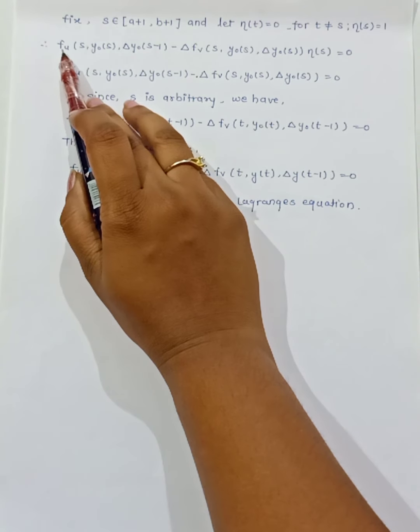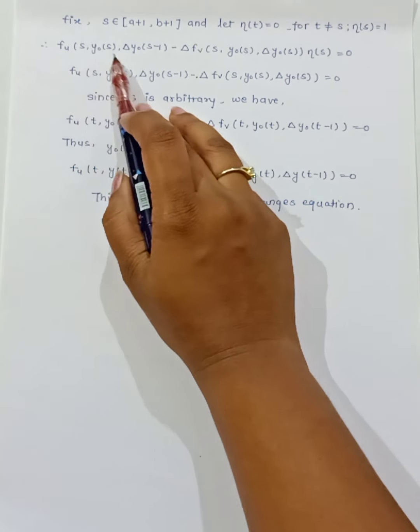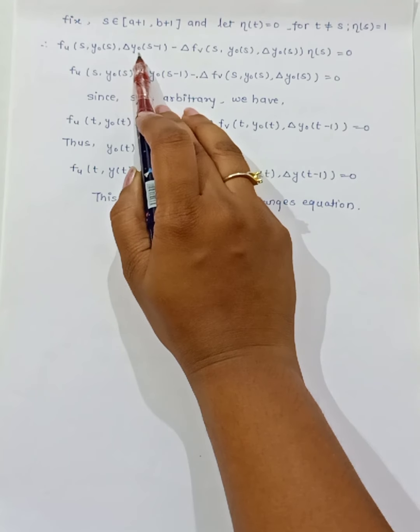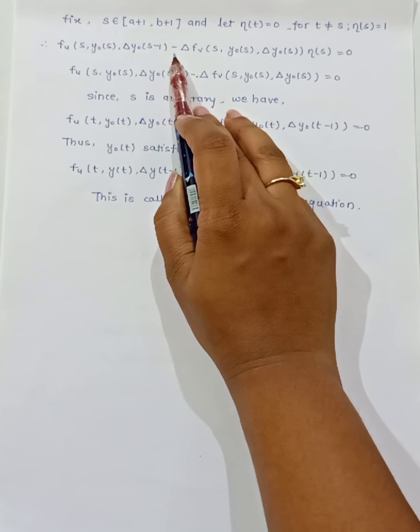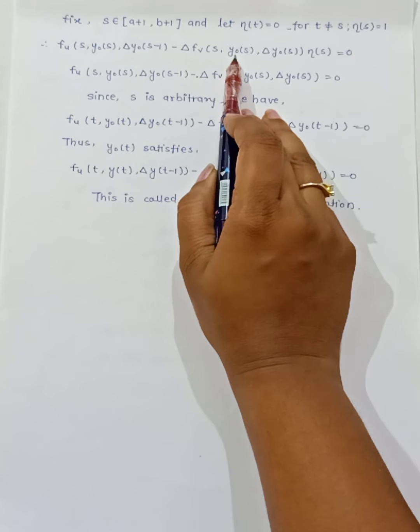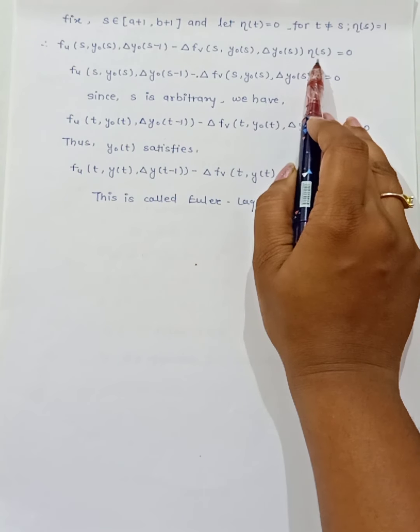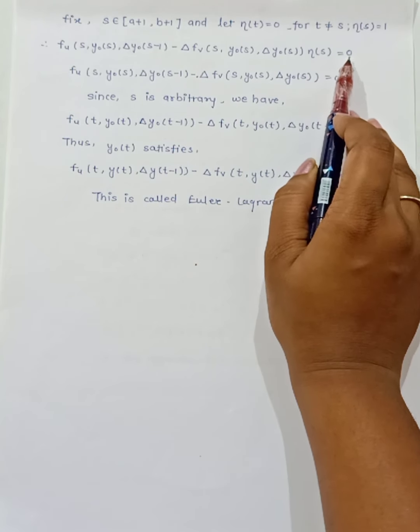So this will give us fu of s, y0 of s, delta y0 of s minus 1, minus delta of fv of s, y0 of s, delta y0 of s, eta of s equals 0.